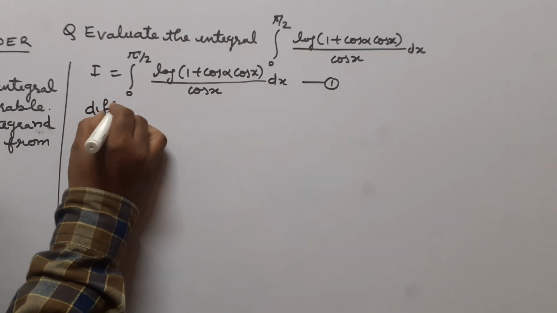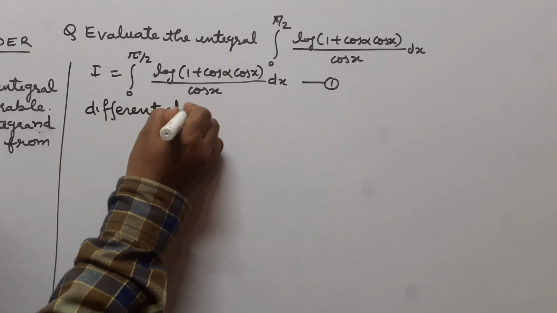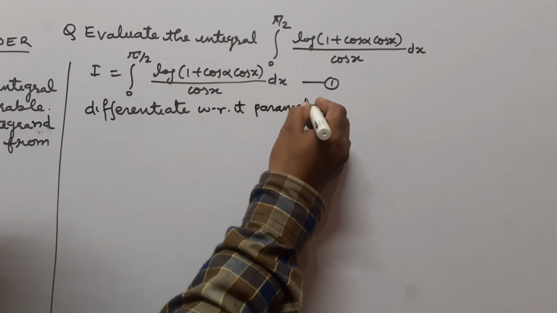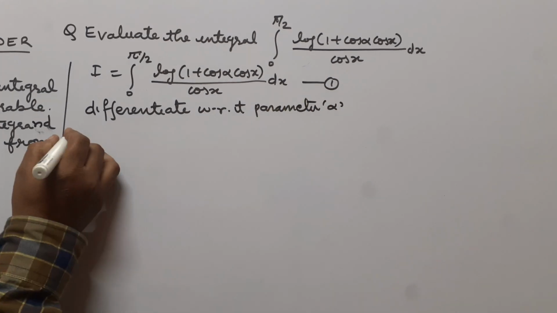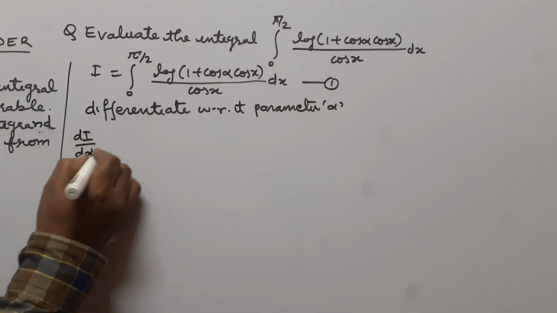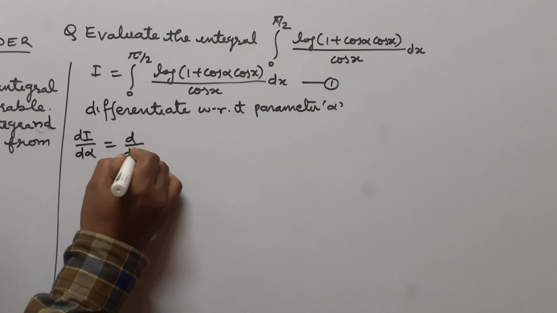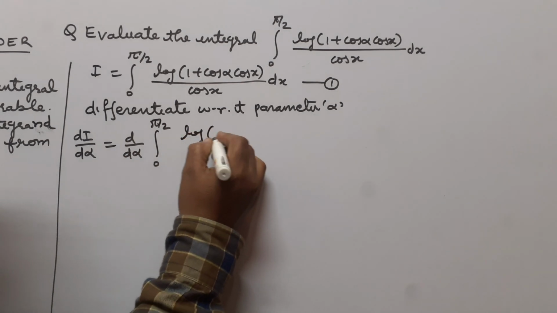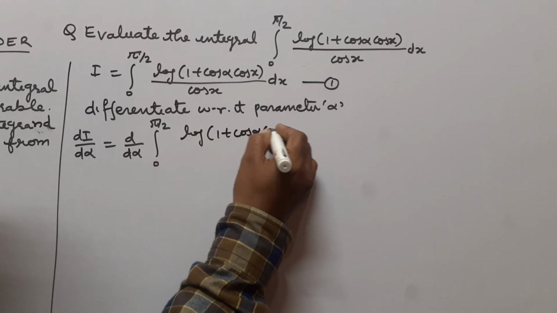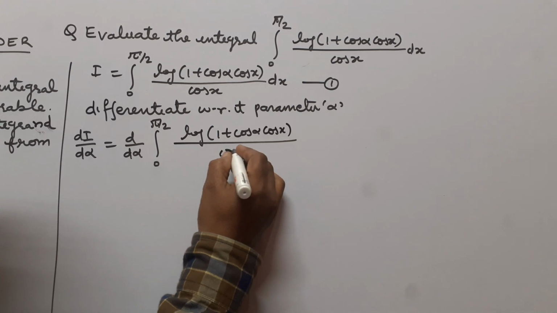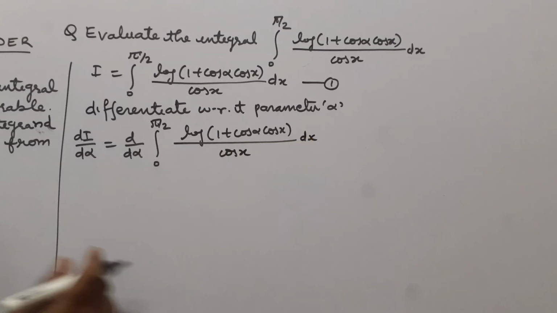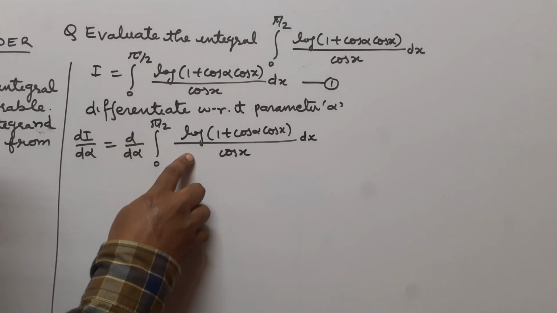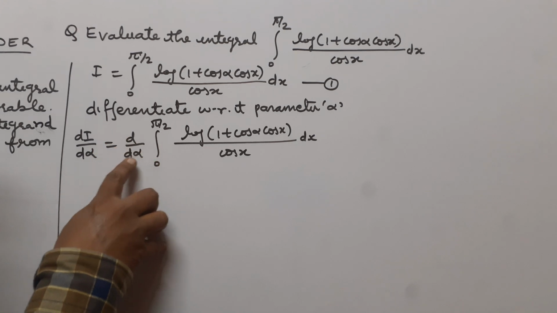So dI by d alpha is equal to d by d alpha of the integration of log of 1 plus cos alpha multiplied by cos x, divided by cos x, between the limits 0 to pi by 2. Here d by d alpha goes inside the integral sign, and it converts to partial.